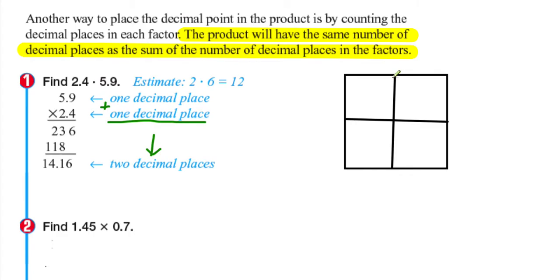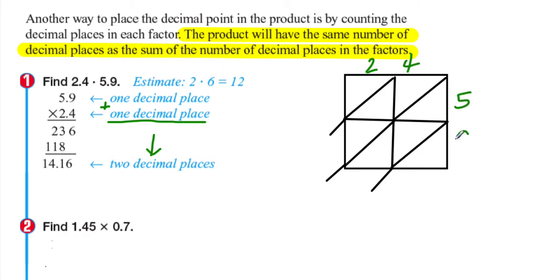And again, from a lattice, we divide our squares into 2 triangles, where the top part of the triangle represents the tens place, the bottom part represents the ones place. So this is 24, disregarding the decimal for now, and this is 59.